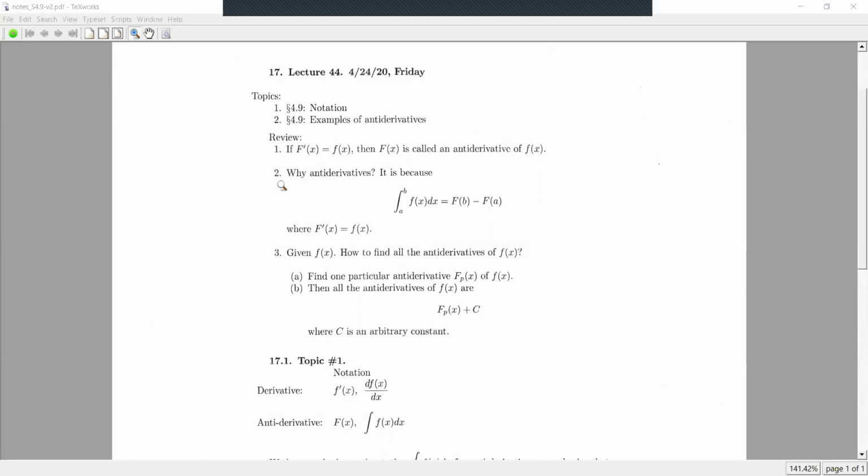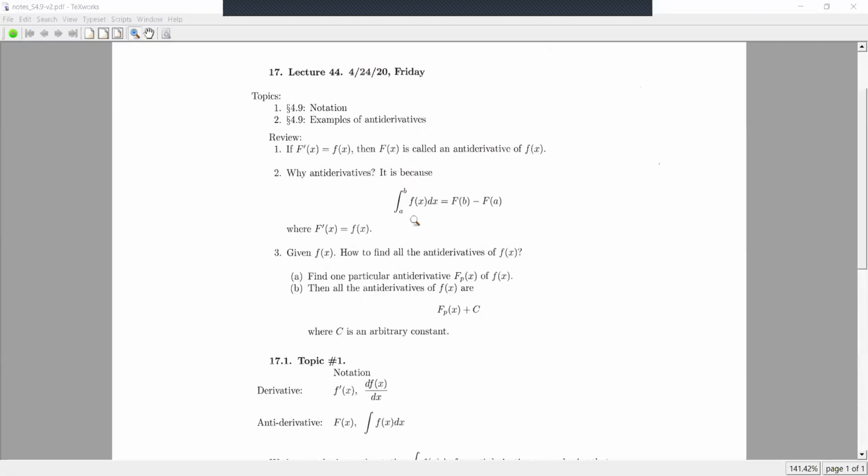Review number 2, why we need to study anti-derivatives? It is because anti-derivatives play an important role in the computation of integrals due to this formula.